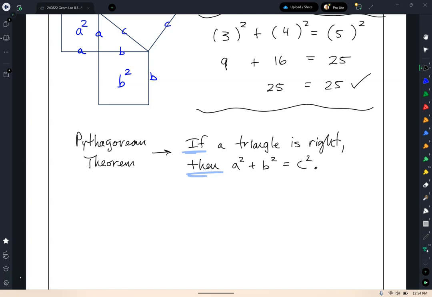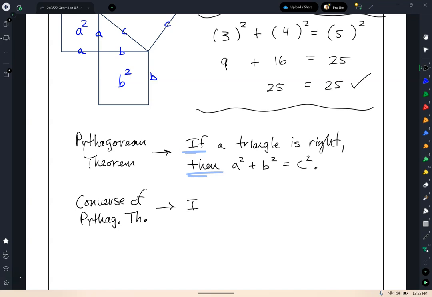All right, now let's talk about the converse, and we'll just abbreviate this time. The converse of the Pythagorean theorem. Converse, inverse, reverse, kind of all sort of means the same thing, okay?